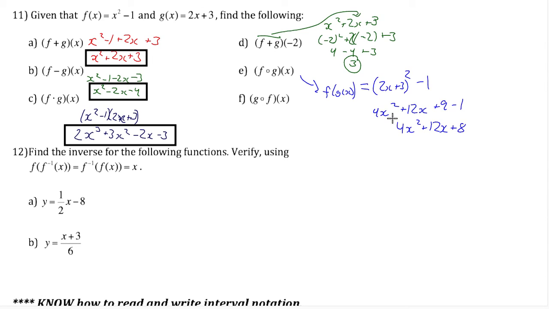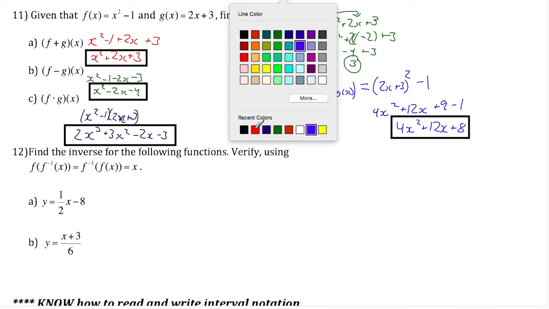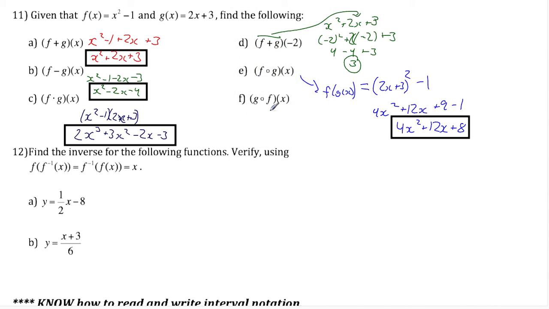And that's it. Next up, g of f of x. Again, this is the same thing as g of f of x. And so this is going to be replacing the x in the g function.